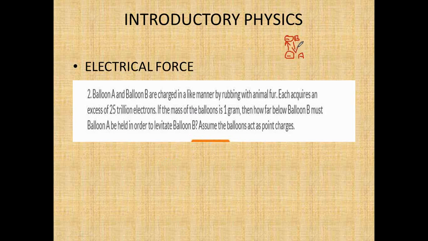So you have to read the question and make sure you draw the scenario correctly, because if you don't, you're going to get it wrong. Balloon A and B are charged in a like manner by rubbing with animal fur, so they acquire an excess of 25 trillion electrons.